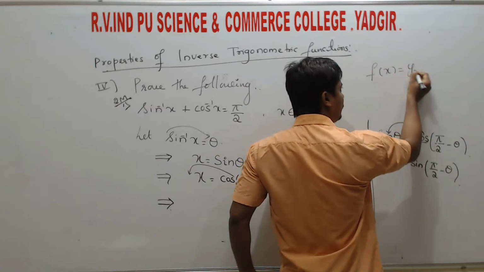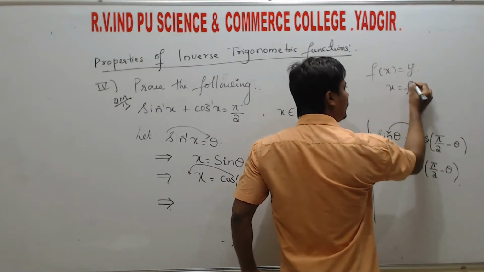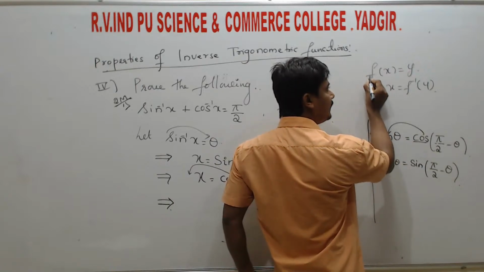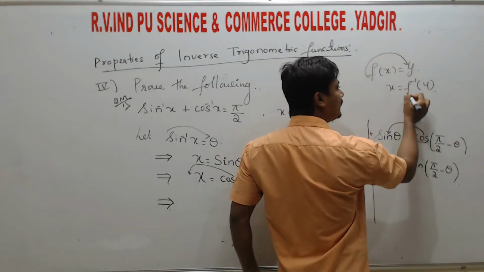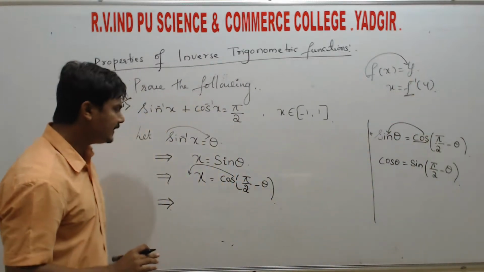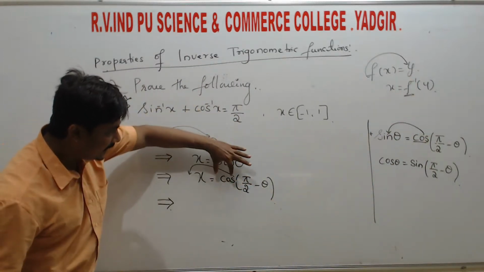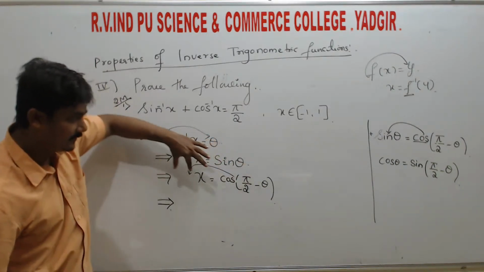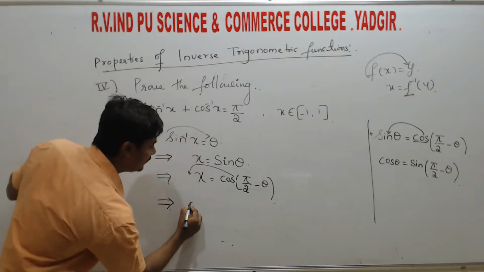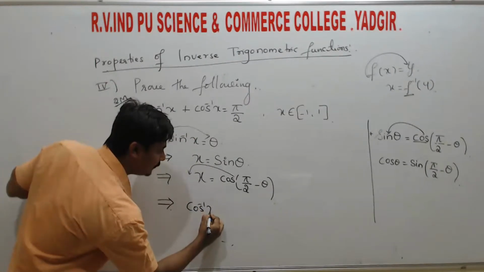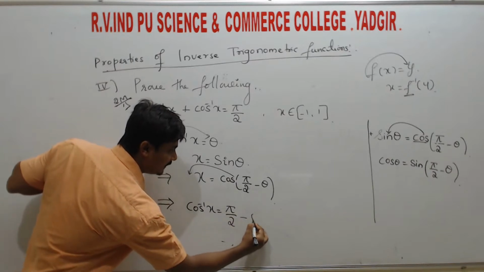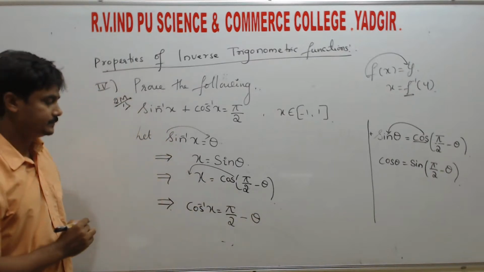If f of x is equal to y, x is equal to f inverse of y. If this f is moved to the other side, it will become f inverse. Similarly, here it is cosine function. If I shift it to the left side, it will become inverse cosine. So it will become cos inverse x equal to pi by 2 minus theta.